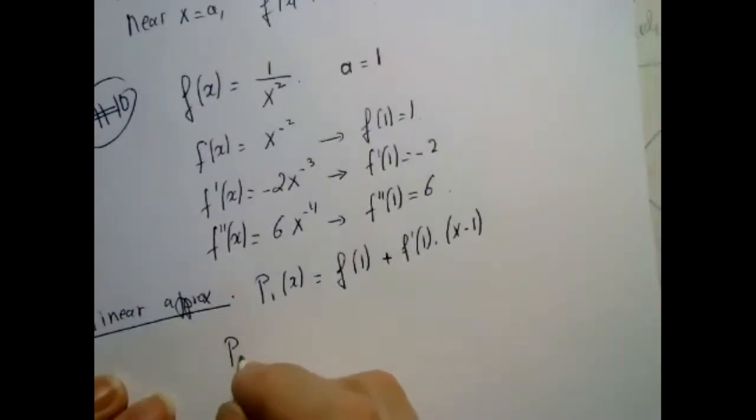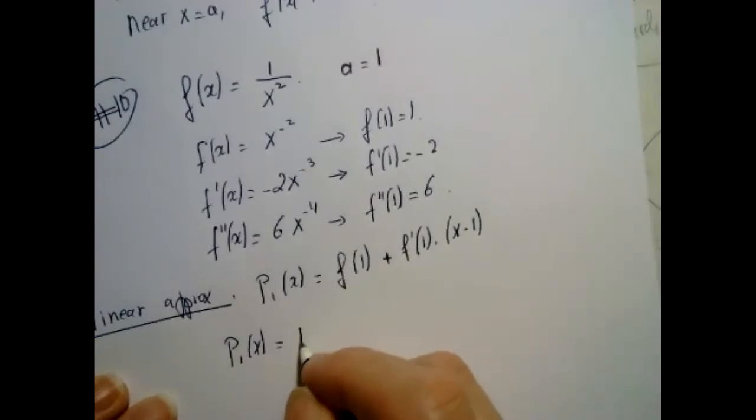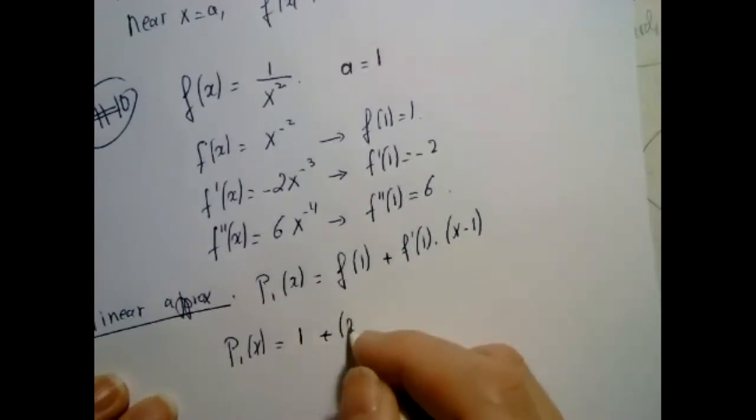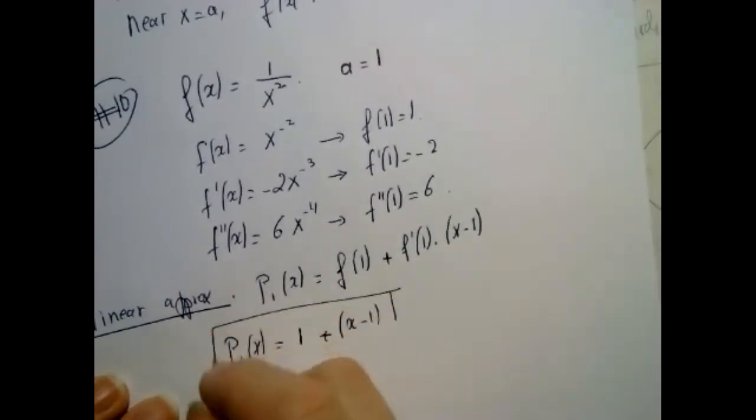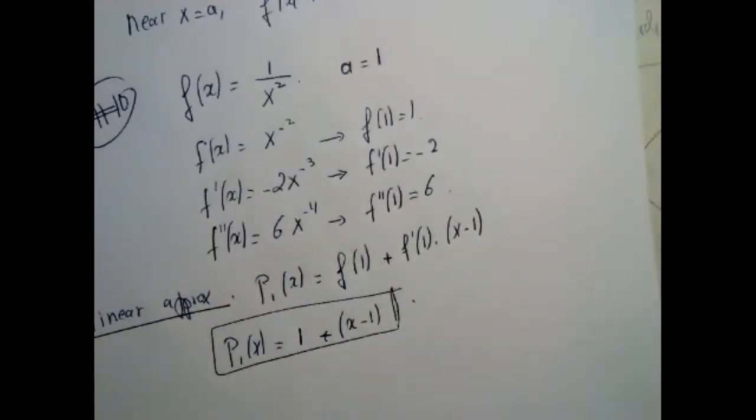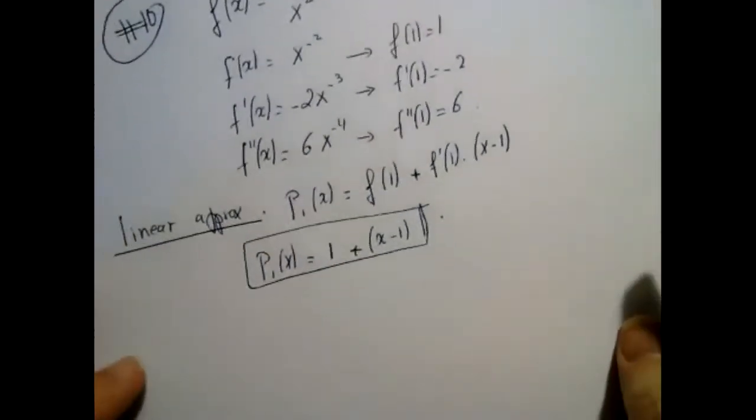So P1 of x equals 1 plus x minus 1. Okay, now I know that this is x, but that's really the first degree Taylor polynomial. So that's the linear approximation.